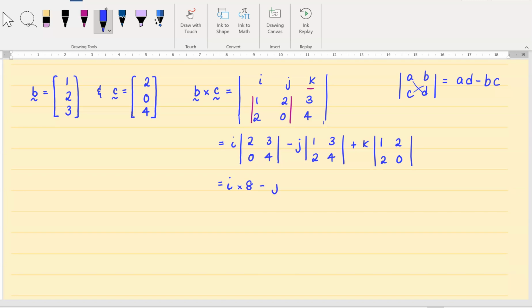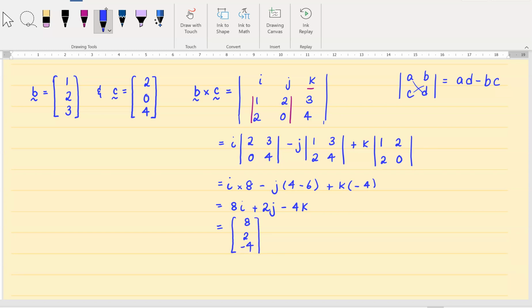We've got minus J, 1 times 4, minus 2 3s are 6, plus K, 1 times 0 is 0, minus 4. So we end up with 8I, 4 take 6 is minus 2, so we get plus 2J, take 4K. We can leave it like that, but we also realize that this is the vector 8, 2, minus 4.